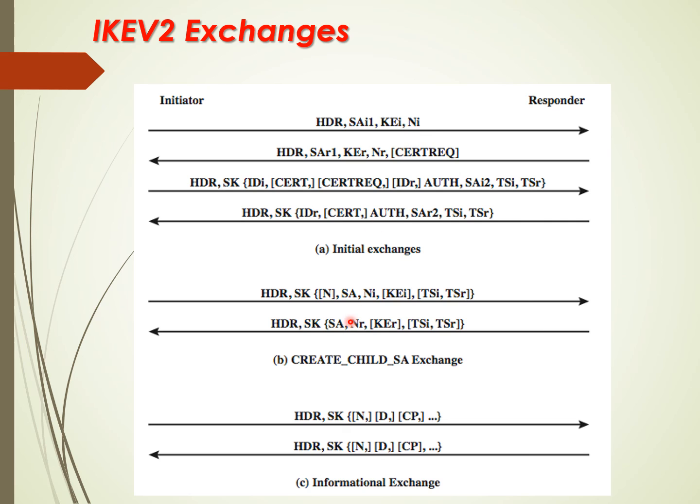So like that. HDR also means the IKE header of the responder. SAr means the security association by the responder. KEr means the Diffie-Hellman public key of the responder. So the same thing is applicable for the responder.